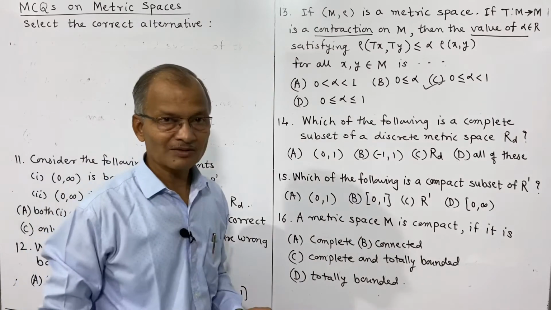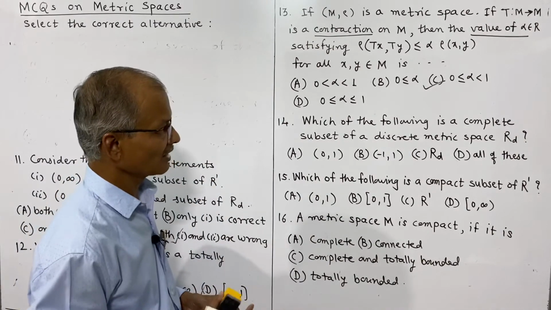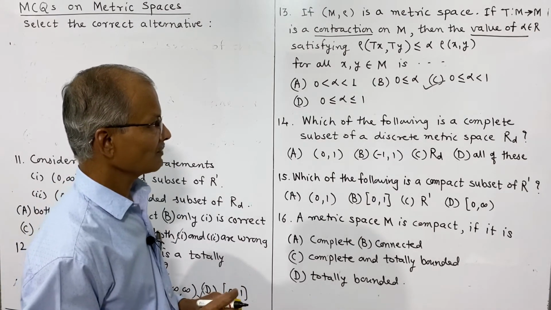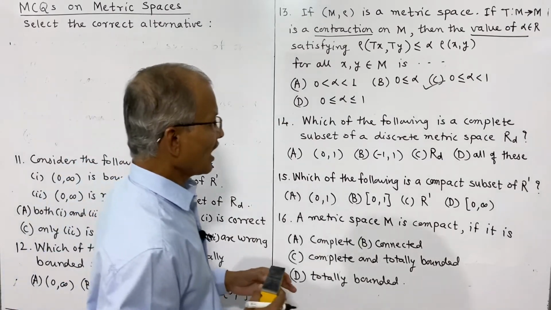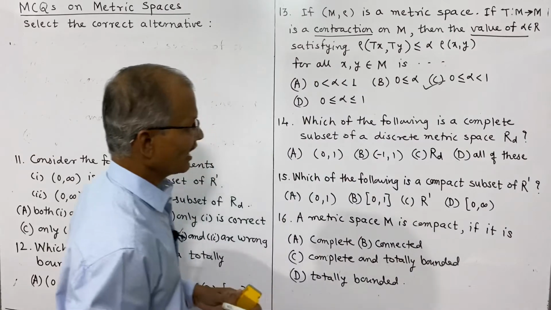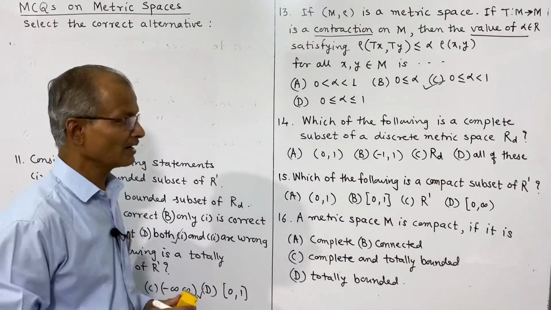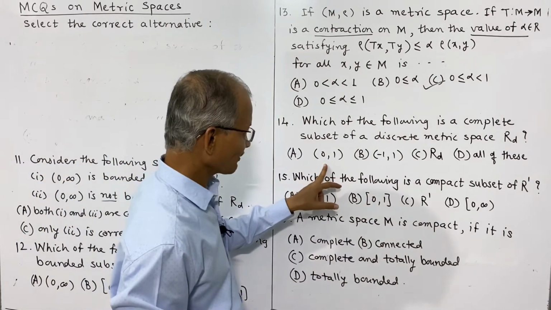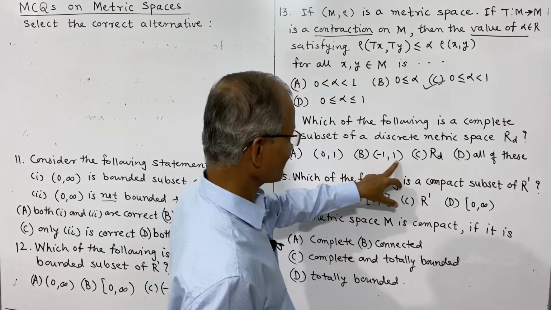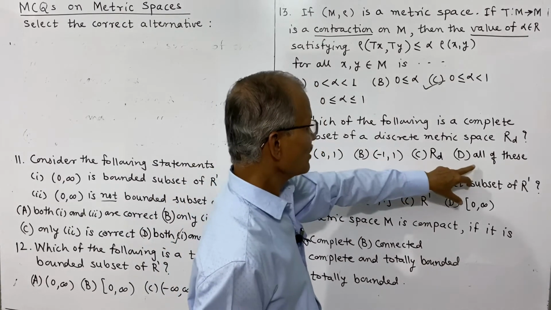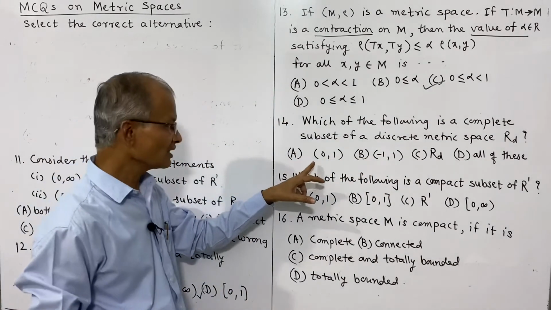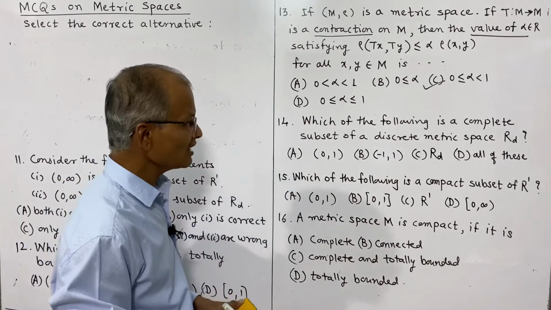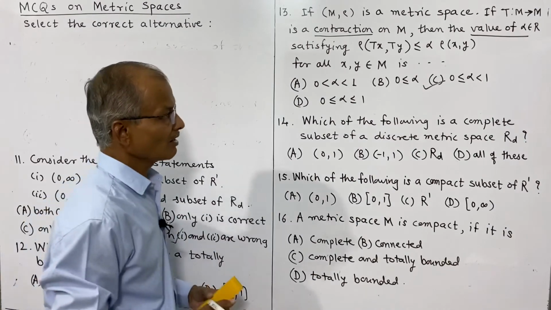Complete means every Cauchy sequence of points in that set must converge to a point of the same set; then we say the metric space is complete. In RD, every subset is closed, and therefore the open interval (0, 1), the open interval (-1, 1), and RD itself are all complete, because a sequence in these converges within RD. So all subsets of RD are complete.